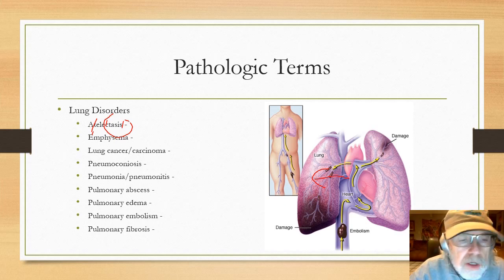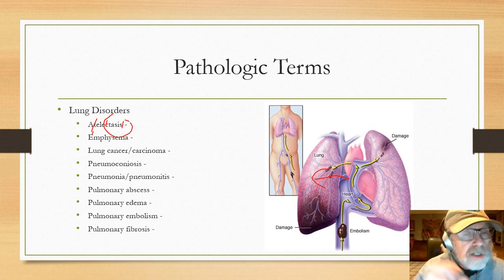Pneumoconiosis. Conio means dust. Pneumoconiosis is basically a destruction of the lung by dust that's in the air, which could be coal dust, which could be silica dust like sand and stuff like that, things that you inhale. What happens is it lines the lungs, and as a result, it does cause a significant problem.